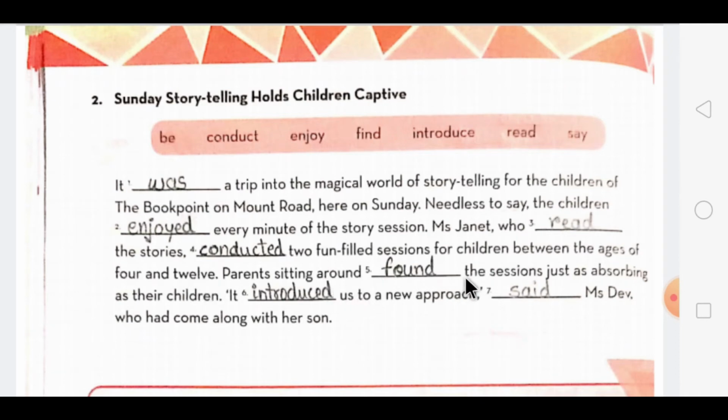Parents sitting around found the sessions just as absorbing as their children. Means the parents also enjoyed very much. It introduced us to a new approach, said Miss Dev, who had come along with her son.